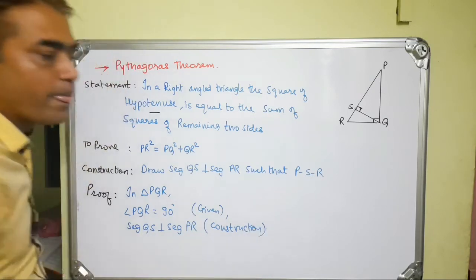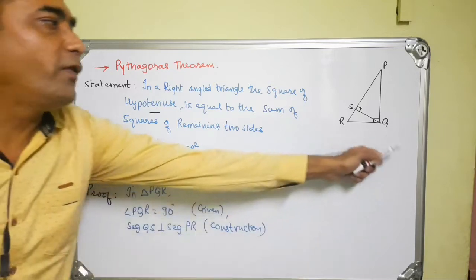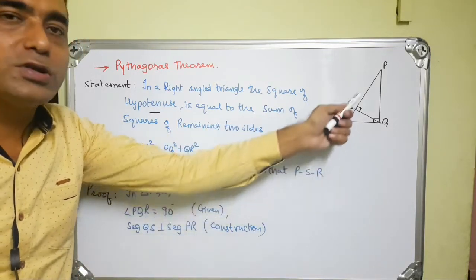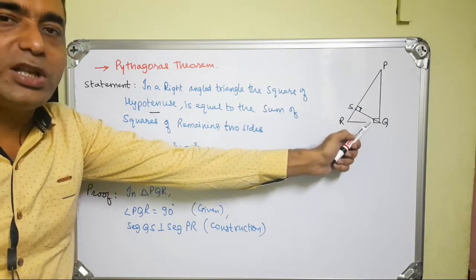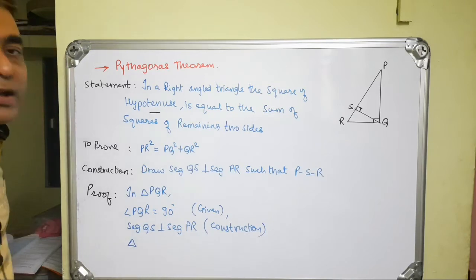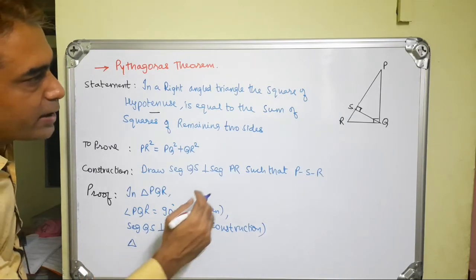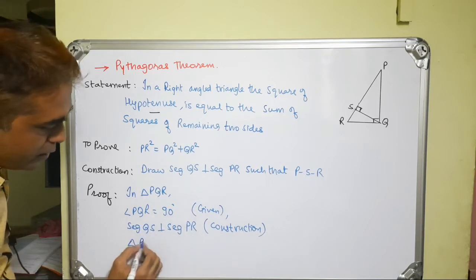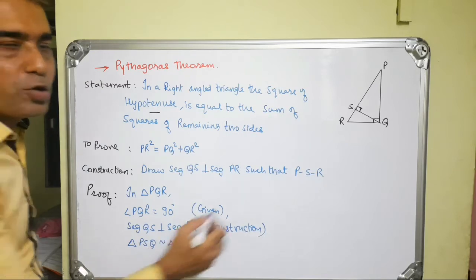This is the construction. So as per the similarity of right angle triangles, if an altitude is drawn to the hypotenuse, then the two triangles formed are similar to each other and to the original triangle. So all the three triangles will be similar to each other, means first triangle PSQ is similar to triangle, can you tell me?